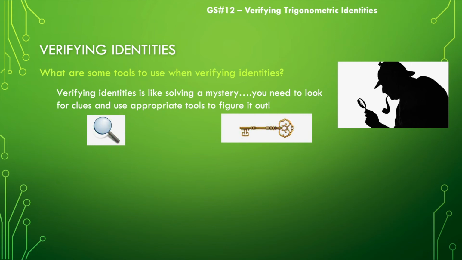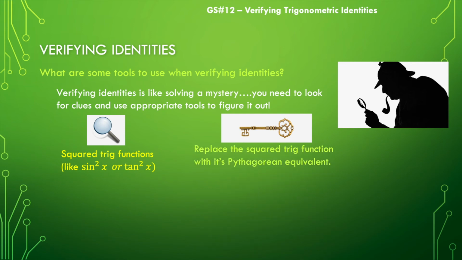Well, we may look for squared trig functions, like sine squared of x or tangent squared of x. If you see squared trig functions, often one of the tools you're going to use is to replace the squared trig function with its Pythagorean equivalent. This is where knowing those Pythagorean identities really comes in handy.